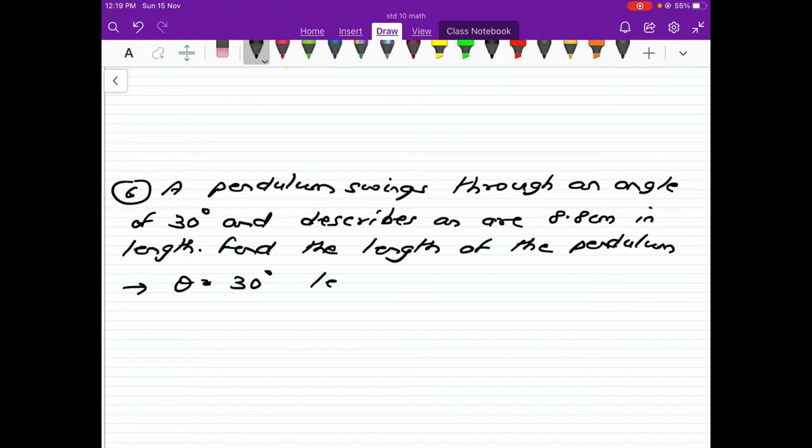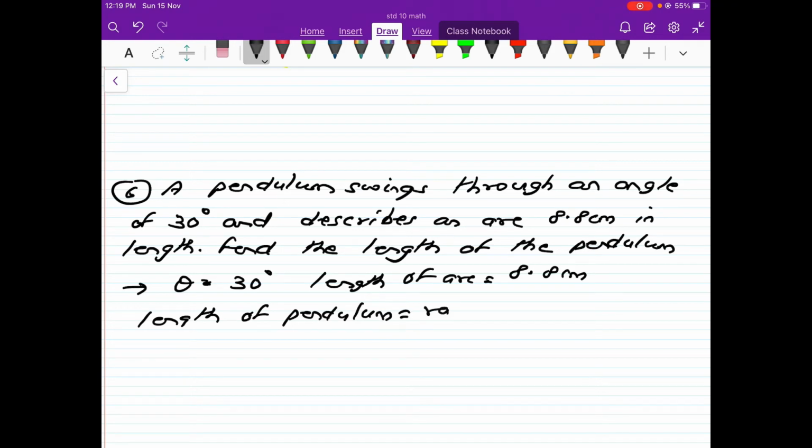The length of arc is 8.8 centimeters. So we want the length of the pendulum, which is equal to the radius of the clock or the circle.